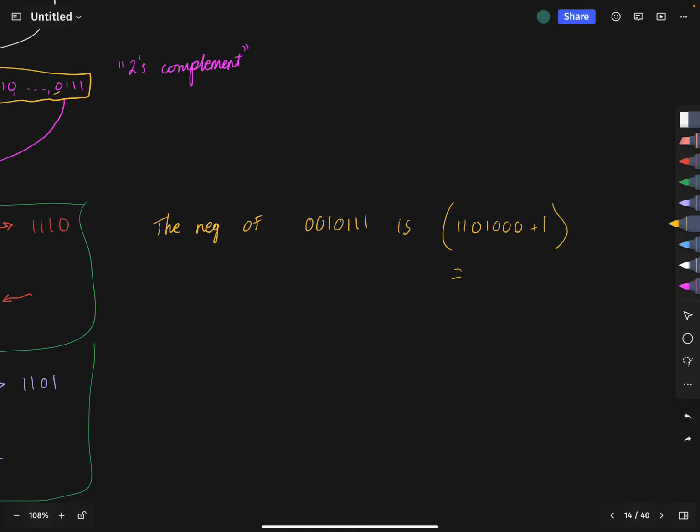And that's how you get the negation of a number in 2's complement, which is not that bad. How would you negate a number in 1's complement? It's much easier. You simply go to the leftmost bit and flip it only, because that was the sign bit. All it does is control the sign of the number. So it was easier to negate in 1's complement, but negating in 2's complement is not that bad.